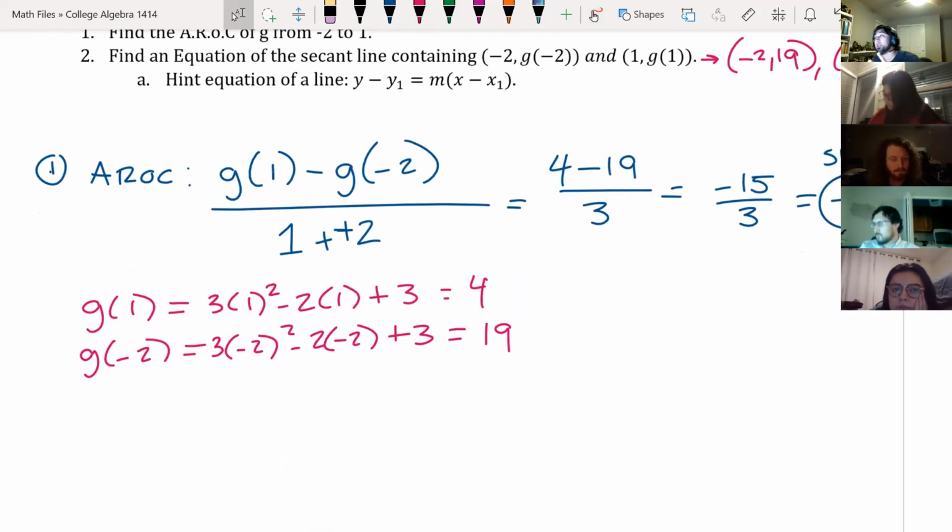I'll say it again. The only 2 ingredients you need to create the equation of a line is a slope and a point. Here we have 2 points, so you can choose whichever one you want to work with. So this is going to lead us on to number 2, the equation of the secant line.